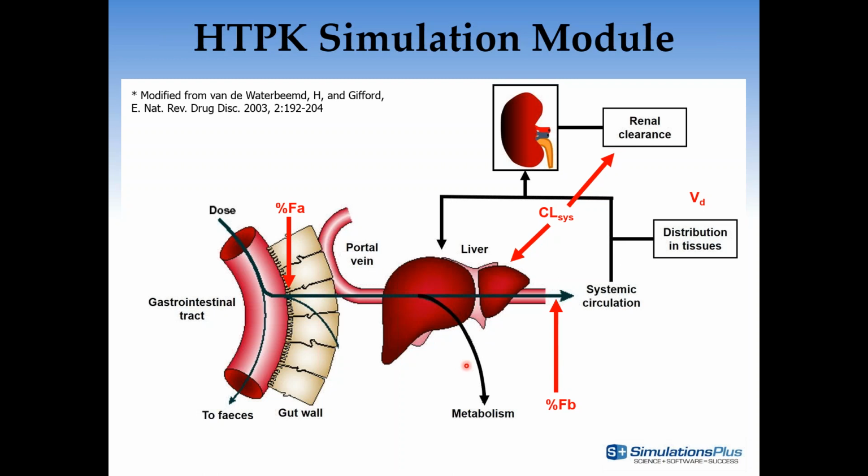Compound that survives first pass through the liver is used to calculate fraction bioavailable. At that point, we are essentially performing a compartmental simulation. This is not a full PBPK simulation at this point, although that is also something that we are considering as a future development in the software.